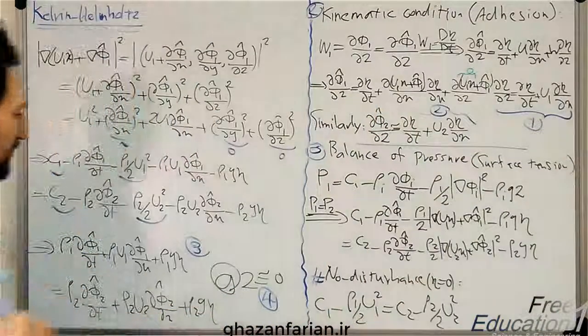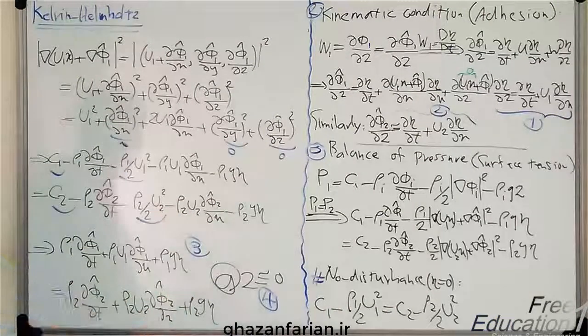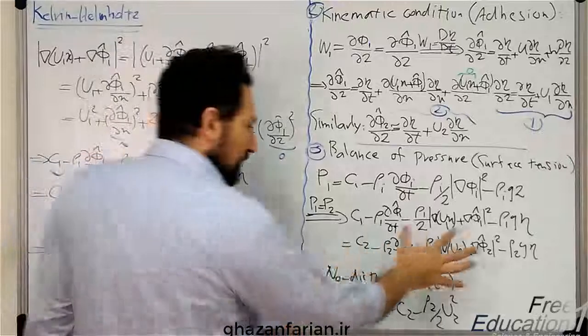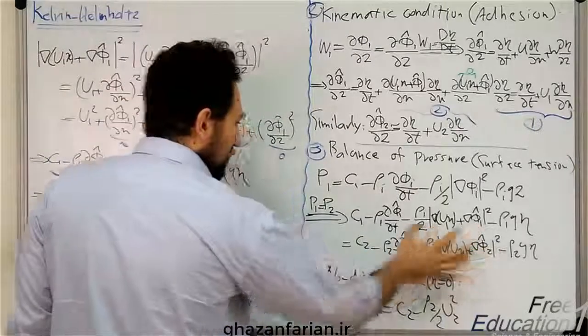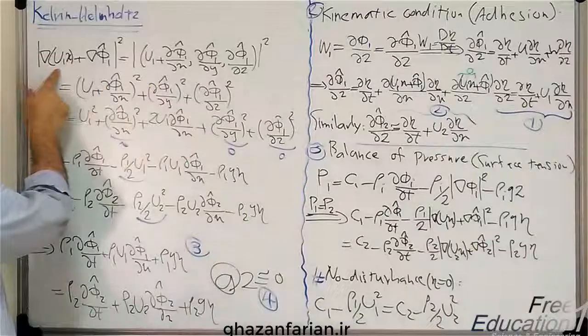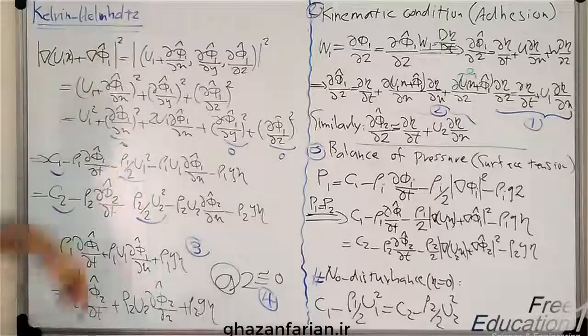Alright, let's continue the linearization of the balance of pressure, or the dynamic linearization. We have a nonlinear term here, so I want to expand this term. You see the gradient of u1x plus the gradient of the disturbance phi hat 1, to the power of 2.